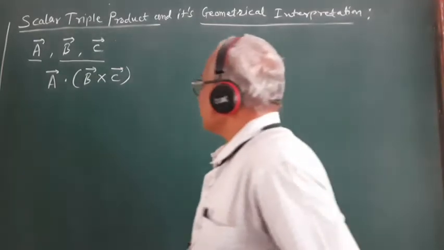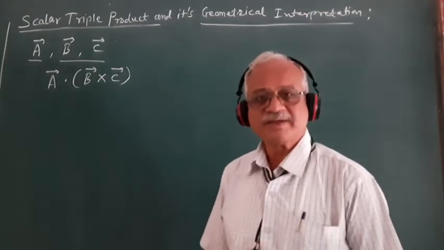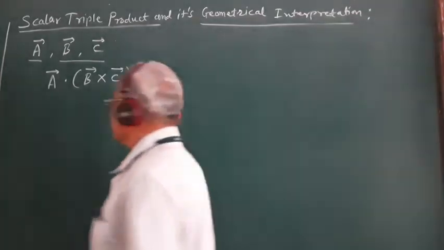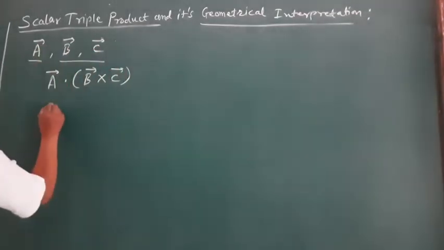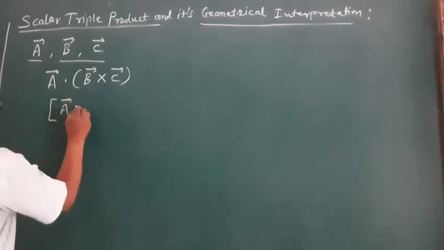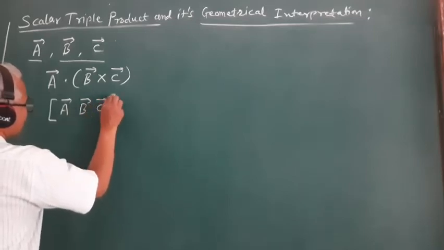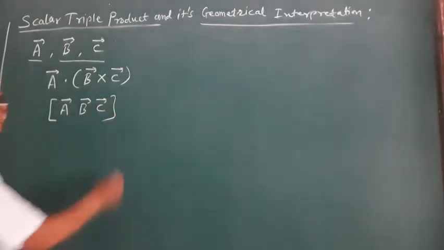This scalar triple product is sometimes also called the box product, and this box product is represented as A bar, B bar, C bar in the square bracket.